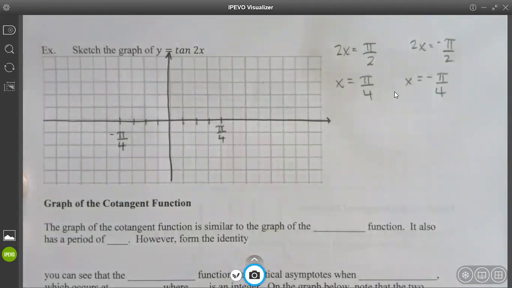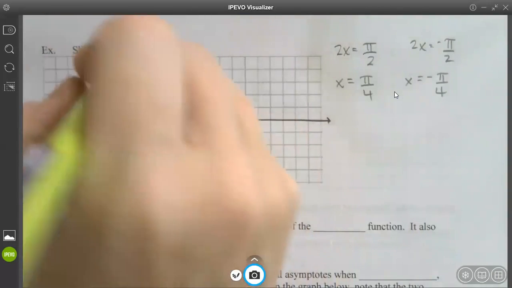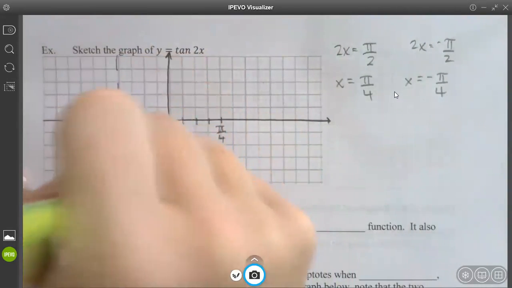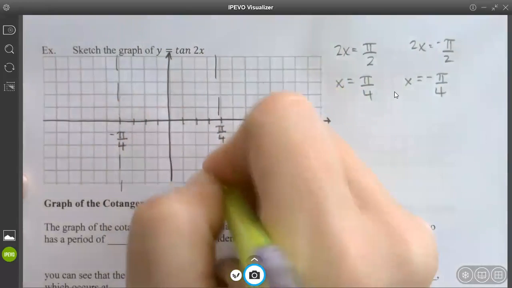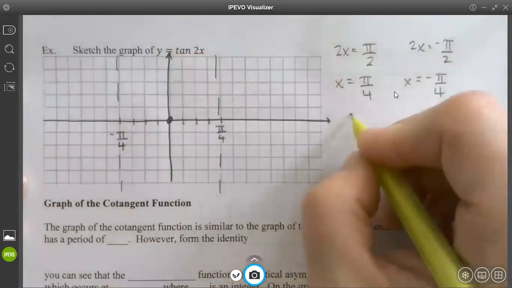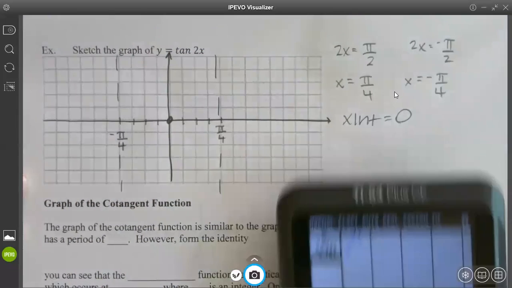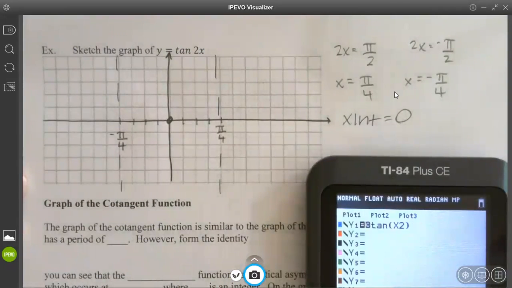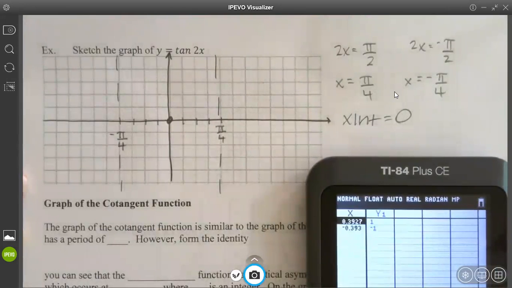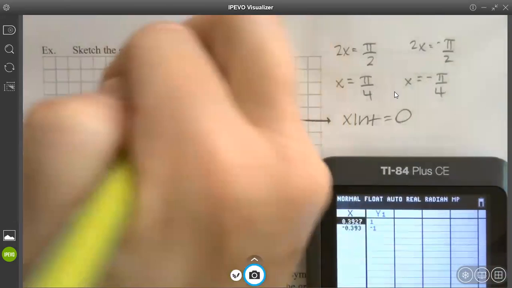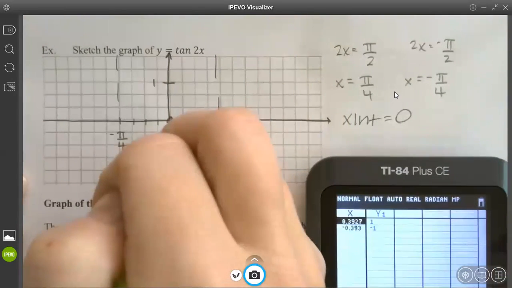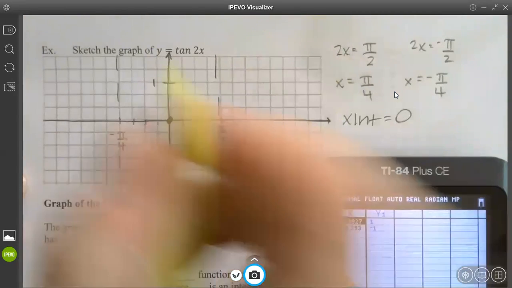What's directly in the middle? Good. So vertical asymptotes are on the outside. Directly in the middle is 0. And then again, I told you the only difference was we don't have the 3 on it. So our pi over 8s work, and the only thing they change is we're going to have 1 and negative 1, like we had before.